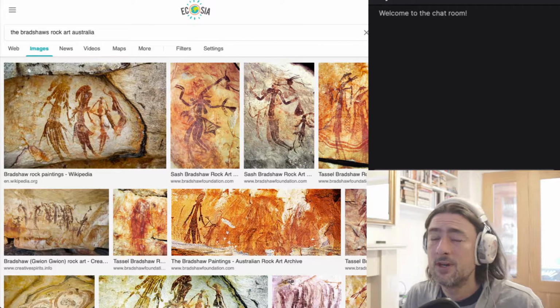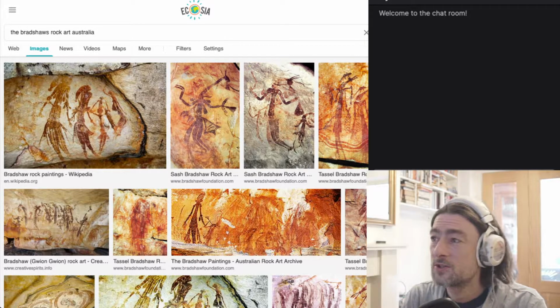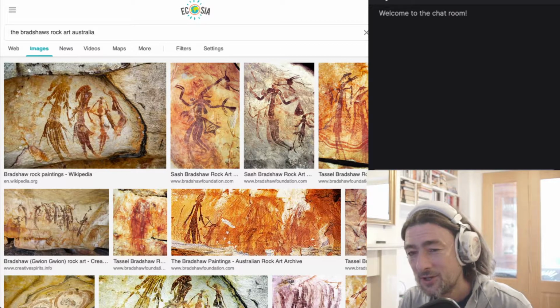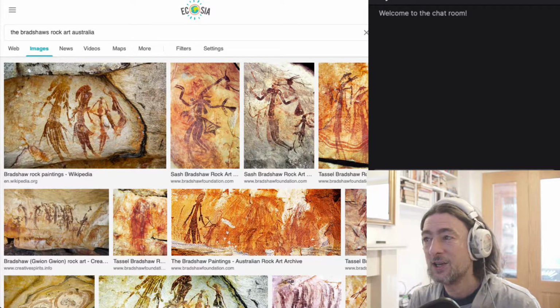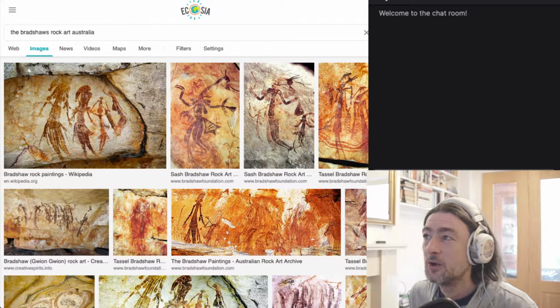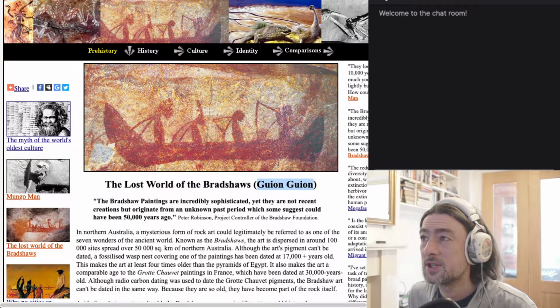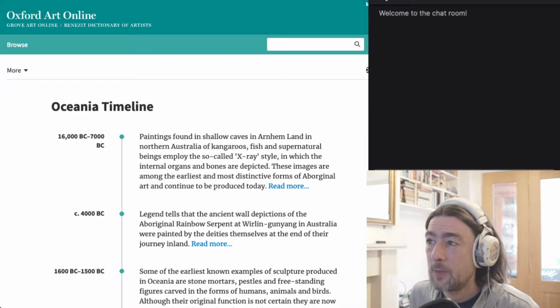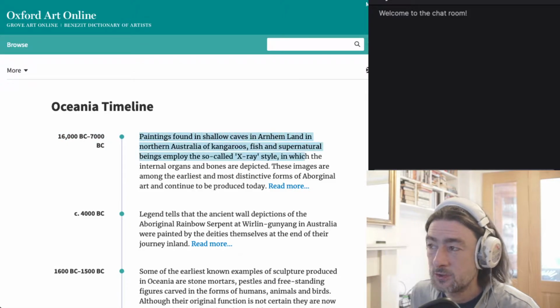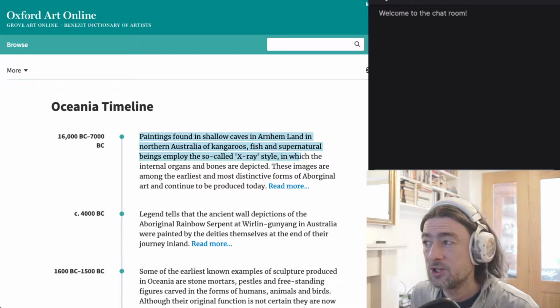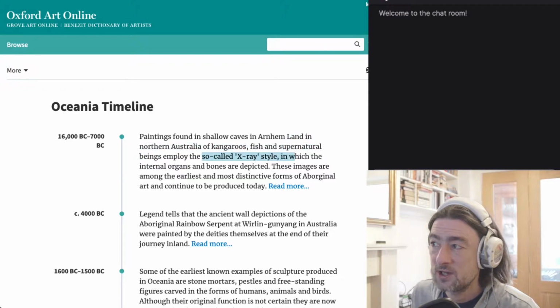We're here today for an hour or so in the daytime to talk about some more prehistoric art, really. We got some interesting things thrown up at us yesterday when we were looking at prehistoric art, and one of them was this concept that really early timeline, 16,000 BC, paintings found in shallow caves in Arnhem Land in northern Australia of kangaroos, fish, and supernatural beings employ the so-called X-ray style, in which internal organs and bones are depicted.